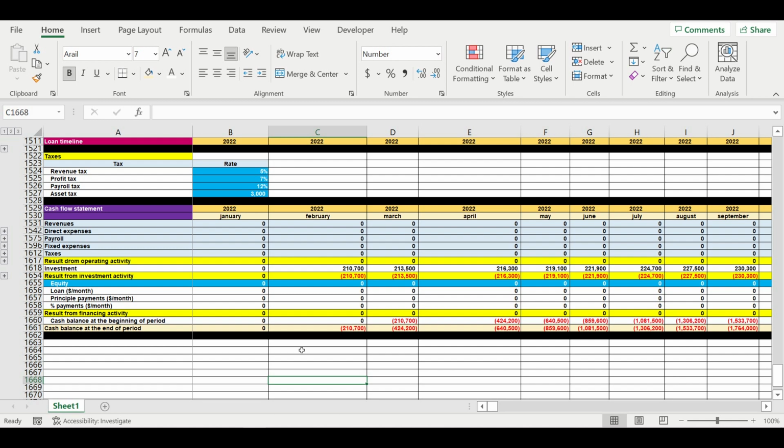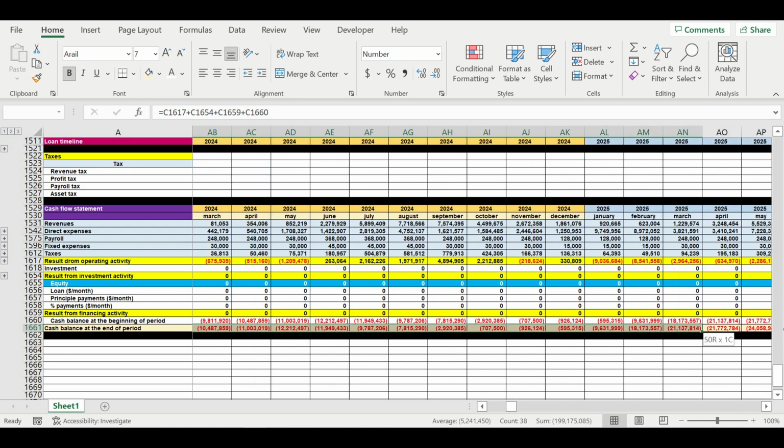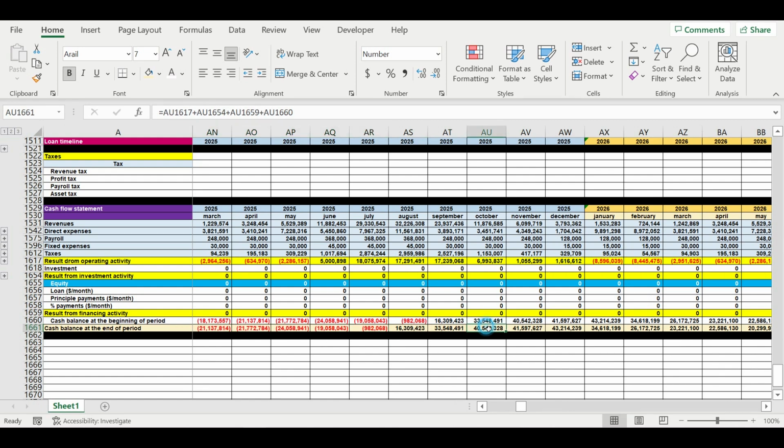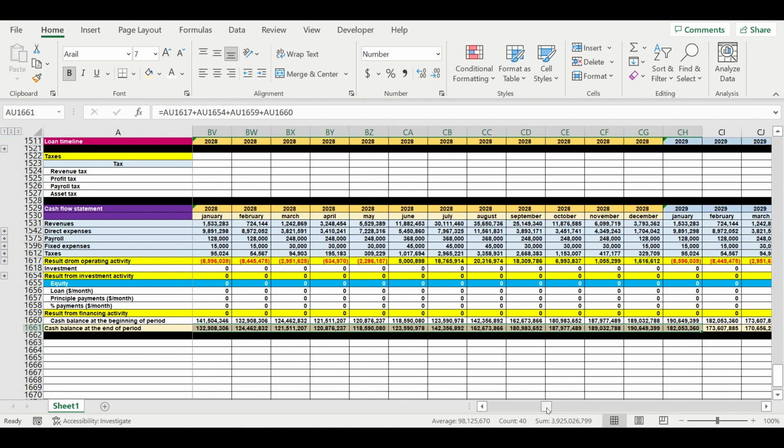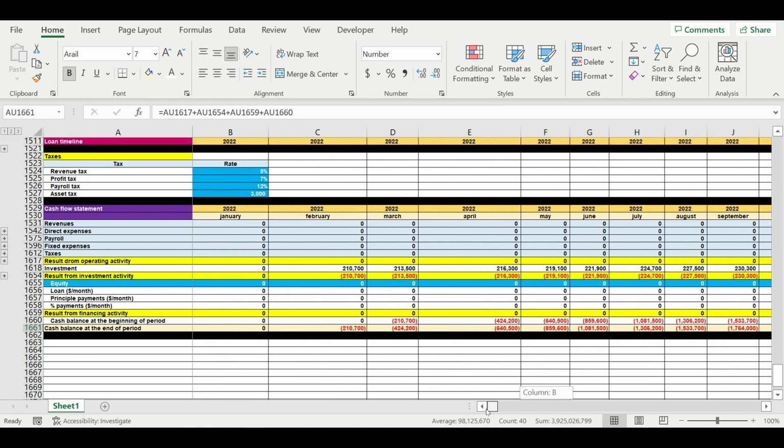First of all, the main rule is that the cash balance at the end of the period inside the cash flow statement must always be zero or positive. We must avoid negative values in the cash balance at the end of the period. If somewhere during the timeline we face negative values, this means that we don't have enough money for our business idea.